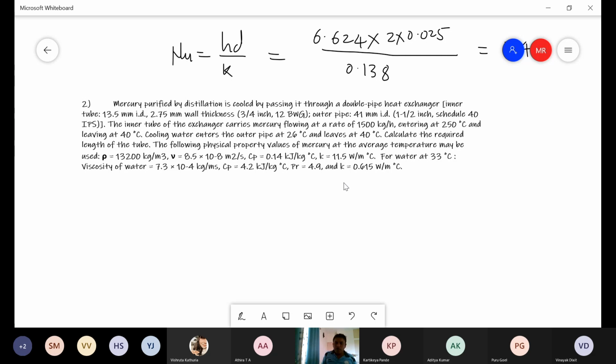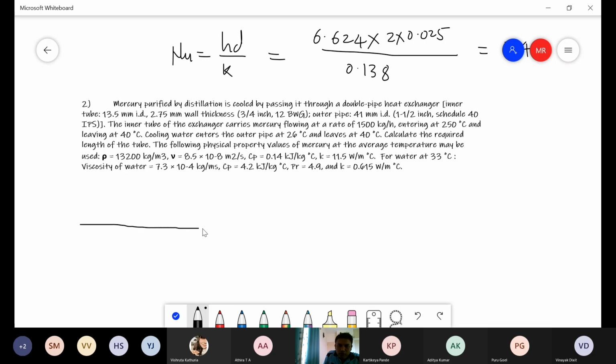The following physical property values of mercury at the average temperature may be used. Okay, so I am just drawing it schematically so that you will be able to visualize what is happening in this case.